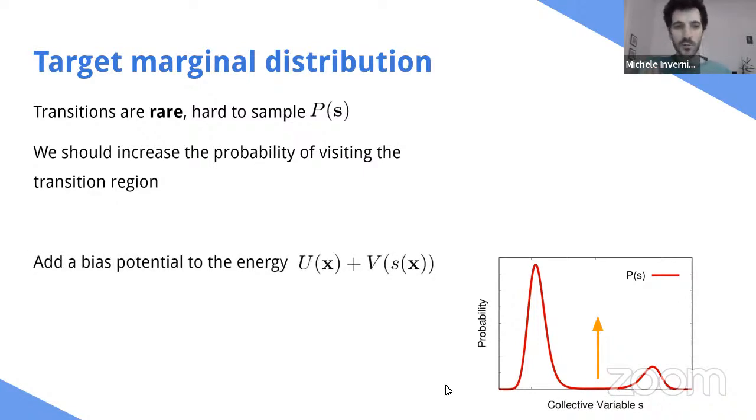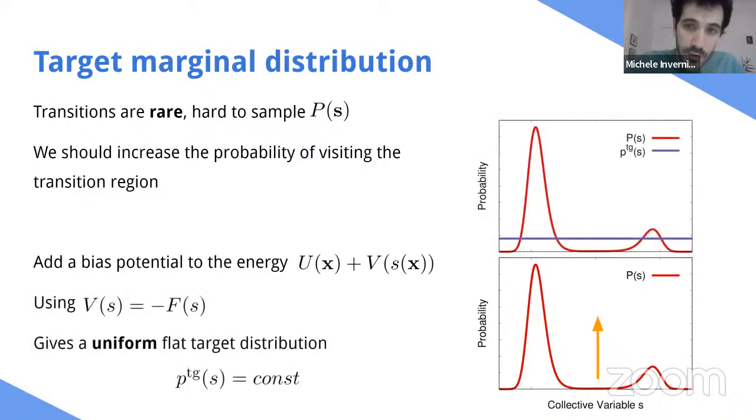A natural way to do this is to add a bias potential, which was proposed already in the 70s with umbrella sampling. So if we choose a bias potential along this collective variable that is equal to minus the free energy, we will have a target distribution that is completely flat along the collective variable.